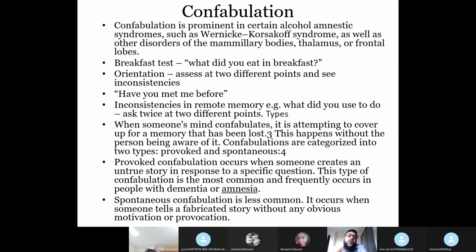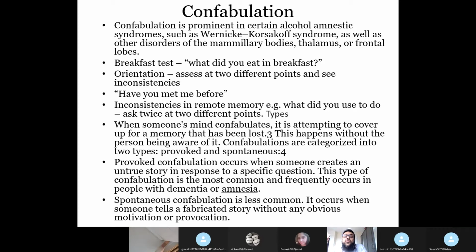Orientation, again, because of amnesia, orientation may be disturbed, but it's not visuospatial recognition. They can recognize their house, but they may not remember the house number, and they may have to learn it again.